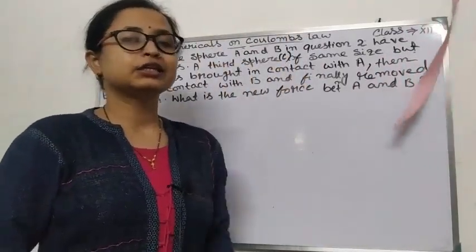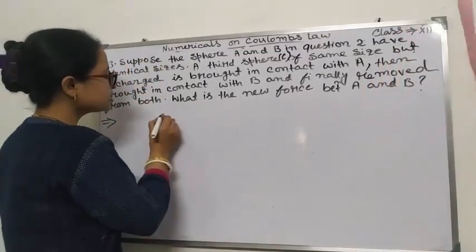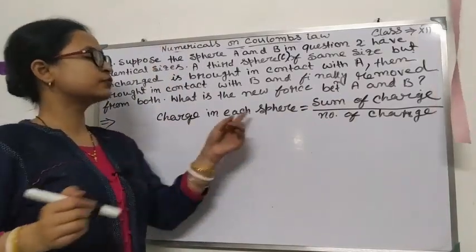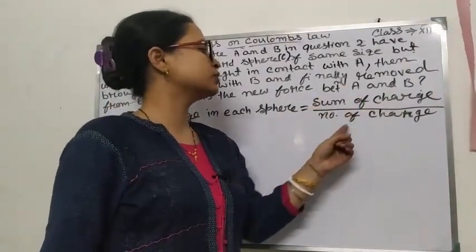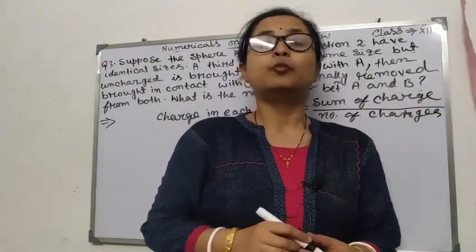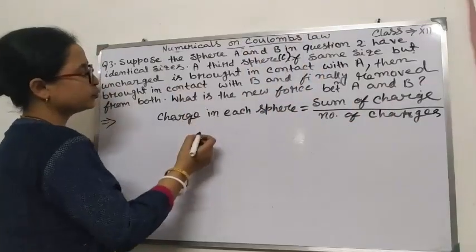In charging by induction, we have learned one formula: the charge in each sphere is equal to the sum of charges divided by the number of charges. If there is more than one charge, we have to explain this with a diagram.